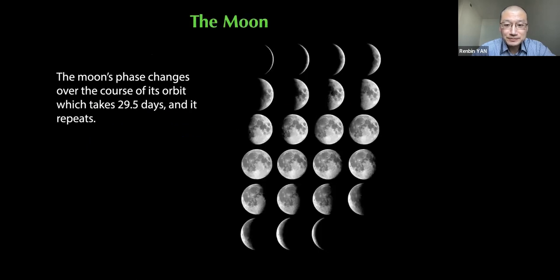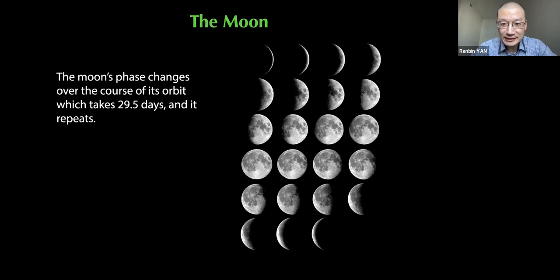Let's take a look. So here are all the different pictures showing the phases of the moon. The phase of the moon actually changes continuously over the whole month. It takes almost 30 days for it to repeat one cycle. So here at the beginning of a lunar month, of course, it's not always aligned with our calendar months.